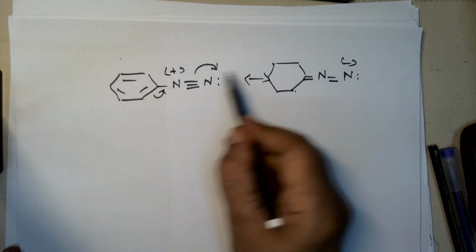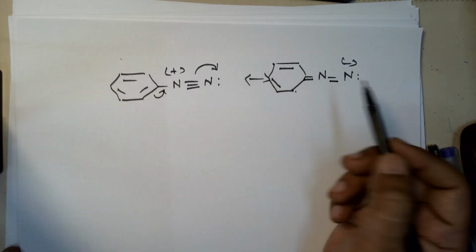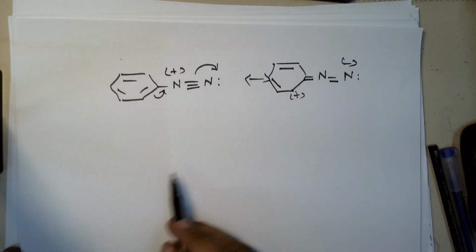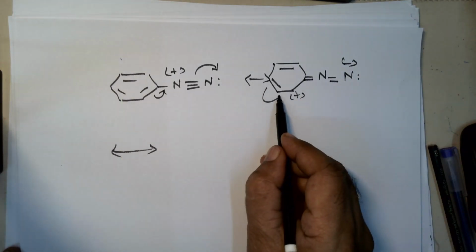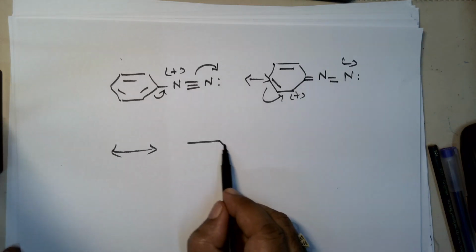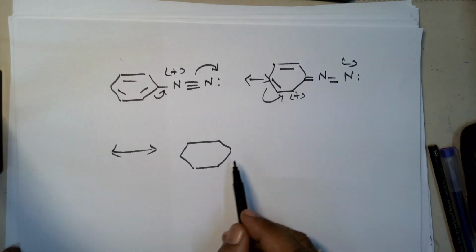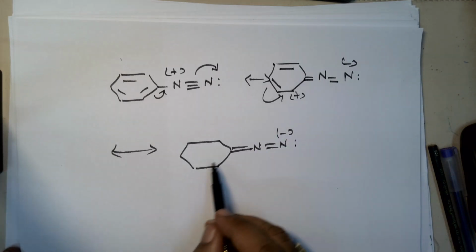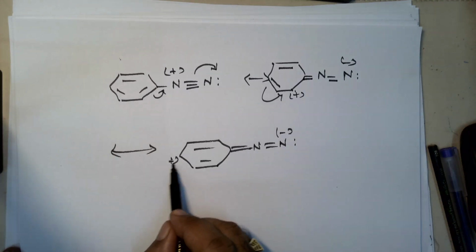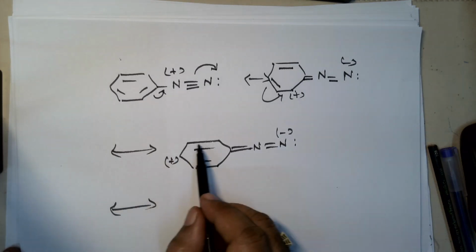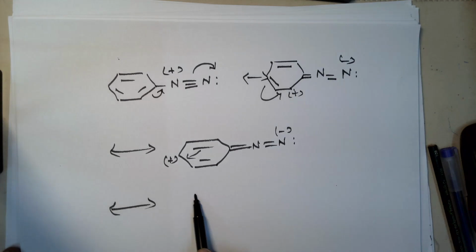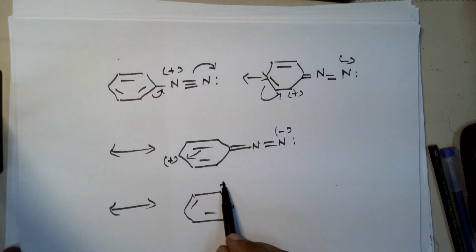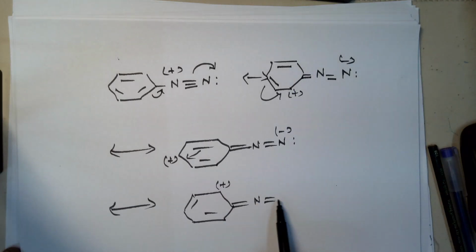This is plus, and again it can travel like this so that you get a double bond, N minus, plus, and again it moves, so likewise it goes on.